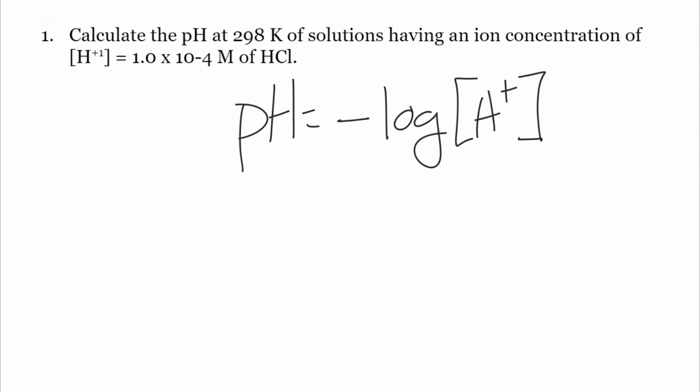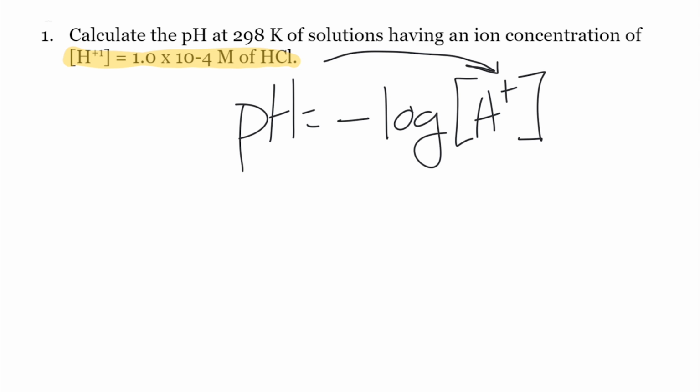The question says to calculate the pH at 298 Kelvin of solutions having an ion concentration of H+ equals 1.0 times 10 to the negative fourth molar of HCl. So right there at the end is our hydrogen ion concentration, 1.0 times 10 to the negative fourth. We're going to take that number and plug it in for the hydrogen ion concentration.